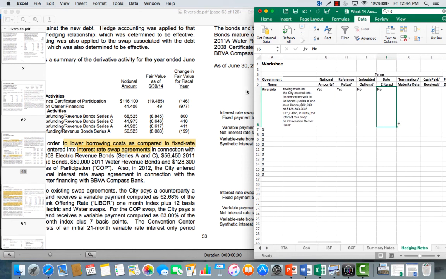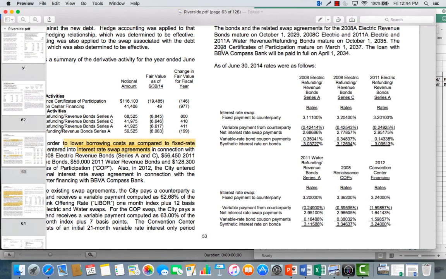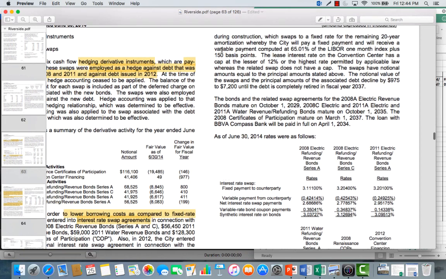They should disclose the dates on which they can either be terminated or when they will mature. And in fact, they show the dates for all of these. You can see here, this one will be around until the debt's completely retired in fiscal year 2037. This one matures in 2029.